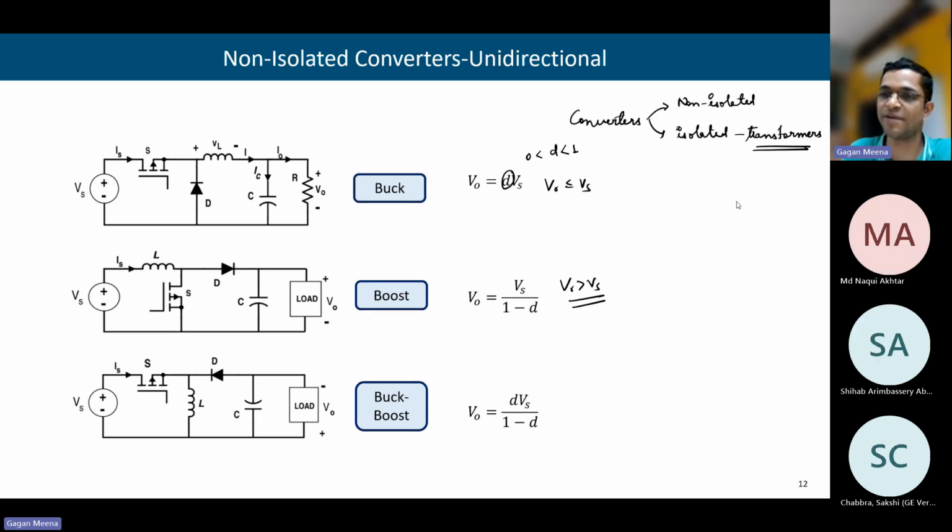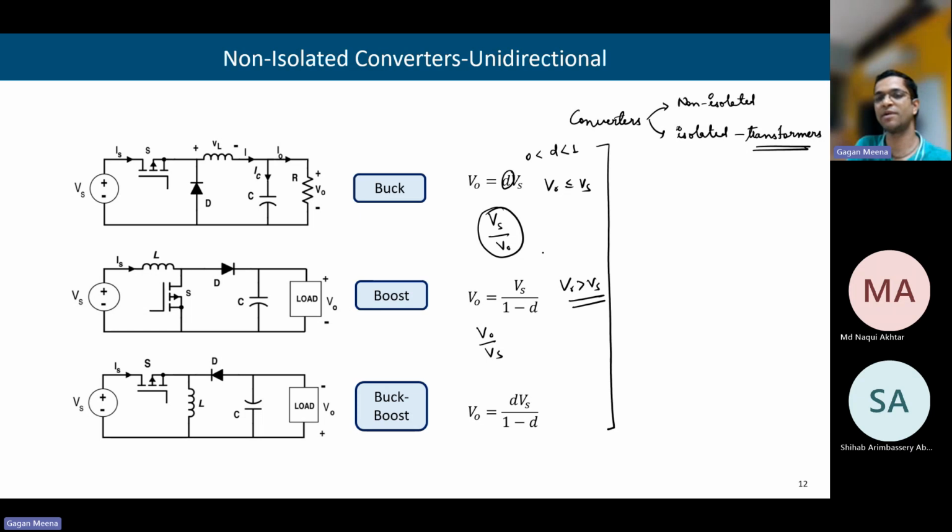But another limitation is that the gain, or what we can say transformation factor, which is here V naught by Vs, this ratio of output by input, cannot be more than 4 in these non-isolated types. It can go up to a maximum of 4.